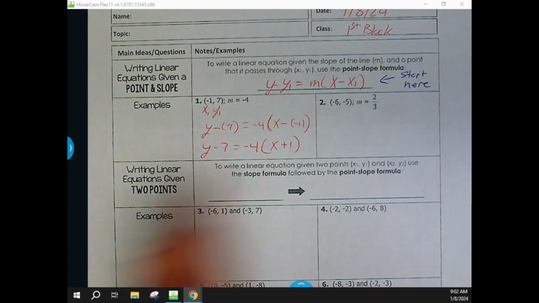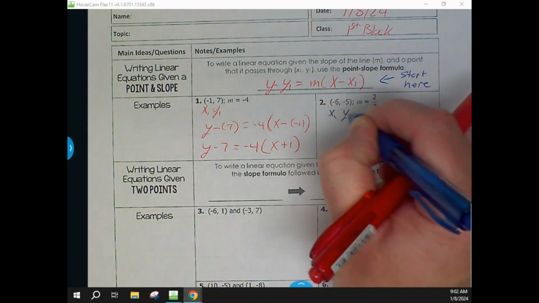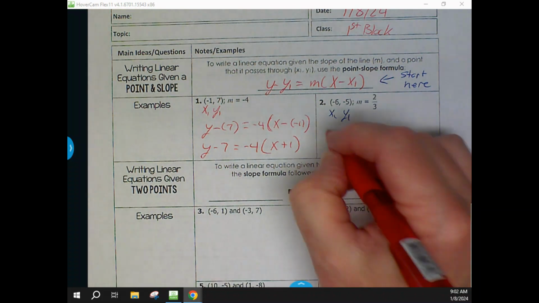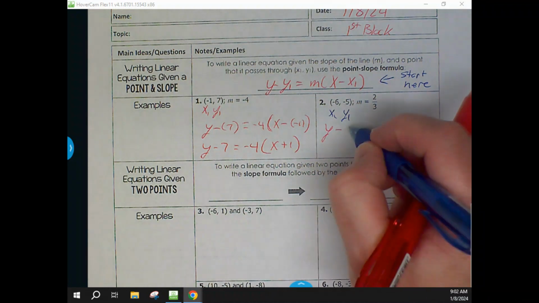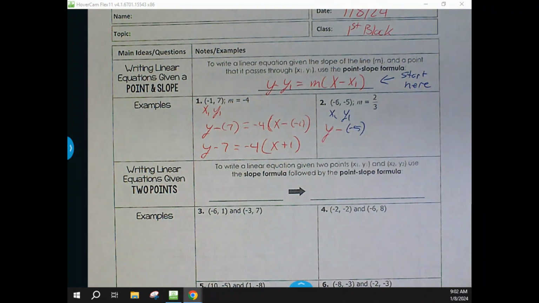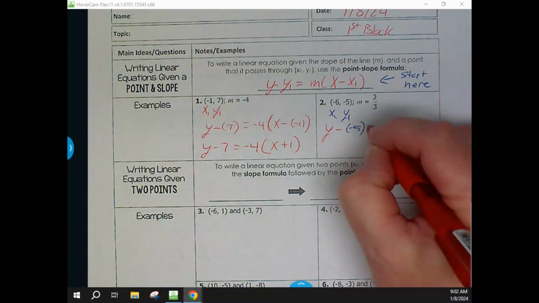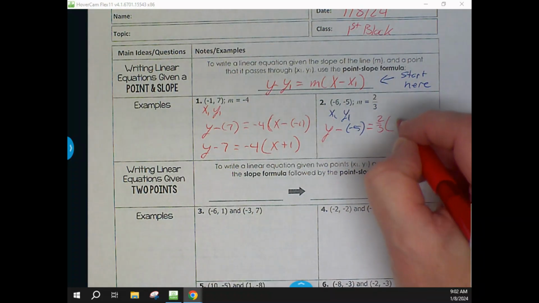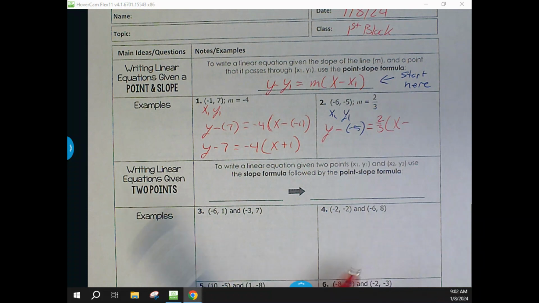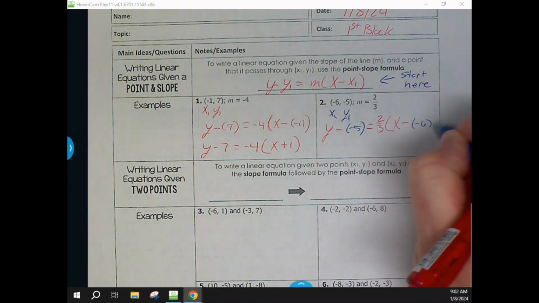Okay, so for number 2, we've got this is our x1 and our y1. So it's y minus -5 equals 2/3 times x minus -6.